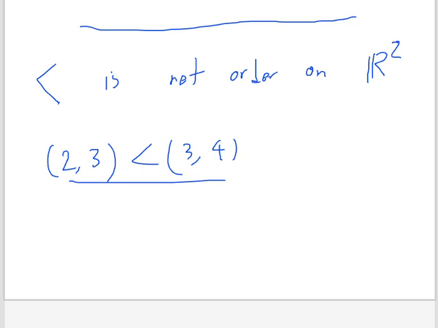It has no meaning. It is not a good relation. Okay. Indeed, this is an order on R, but on R2 it is not an order. Okay. I hope you understand.